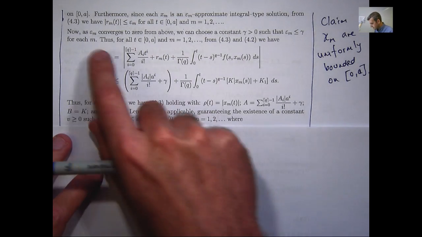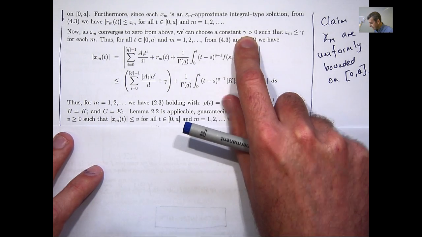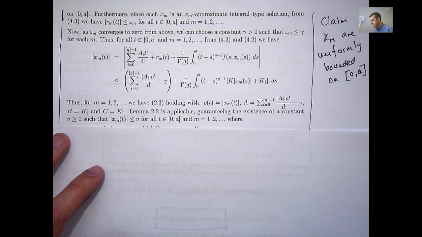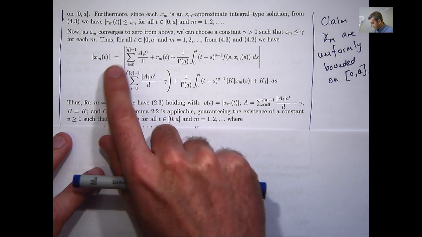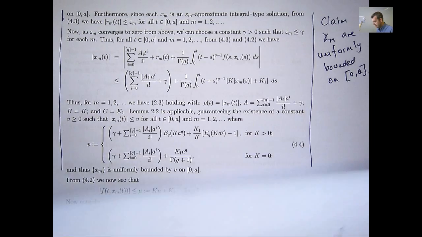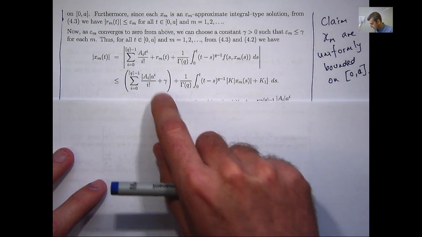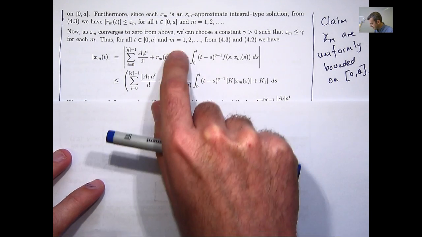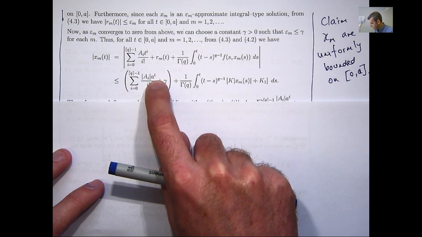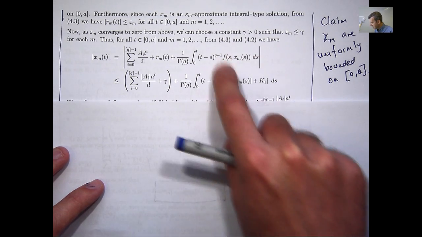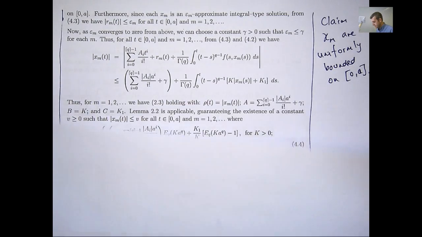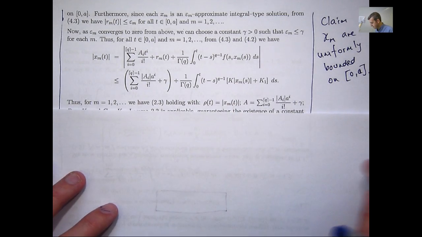So we can find a positive number, gamma, such that this is true, because epsilon sub m must be bounded from above. Therefore, if we just take this with the z sub m written in here and rearrange it, I can come up with this and then bound this by gamma and this, because t is between 0 and a. And by assumption, the f satisfies this inequality here. So that's where this comes from.